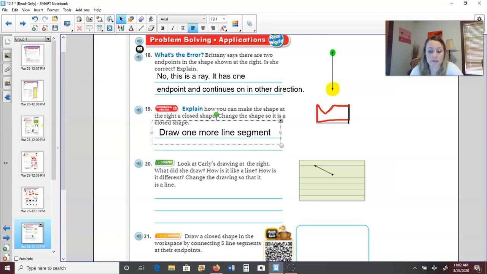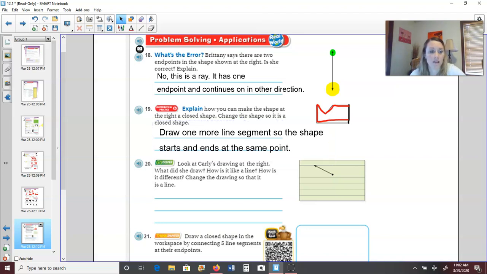Okay, draw one more line segment so the shape starts and ends at the same point. And make sure you draw that line segment on the shape to close it up.